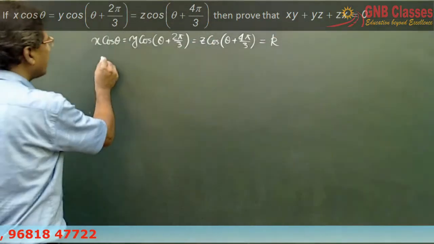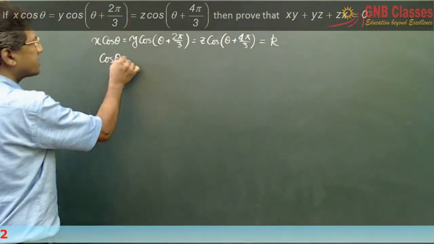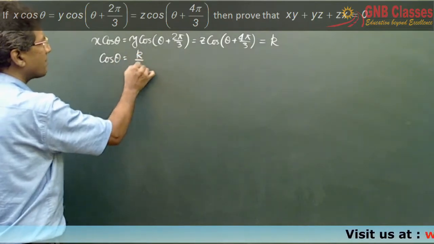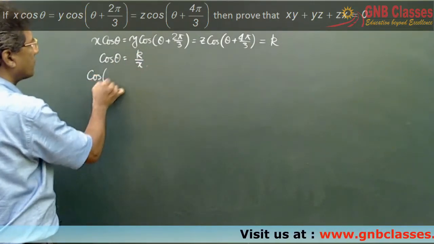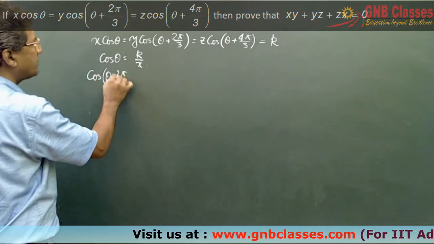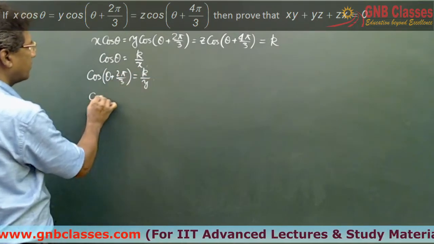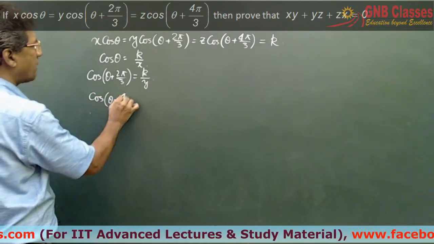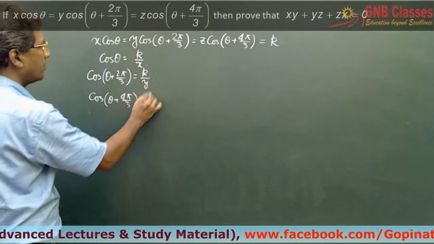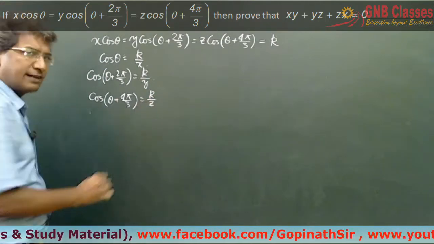So we are getting cos theta is k by x, cos(theta plus 2 pi by 3) is k by y, and cos(theta plus 4 pi by 3) is k by z. Is it clear?